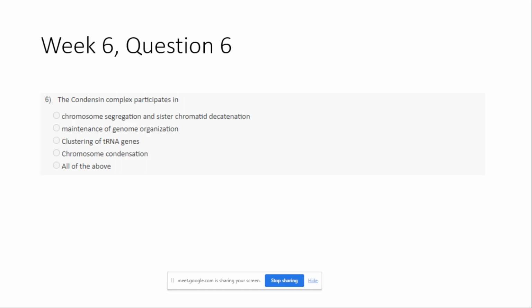So when the chromosomes are segregated, all of these tRNA genes will be segregated at a single point. All of the tRNA genes will come together, make a cluster, and this cluster will be segregated together.